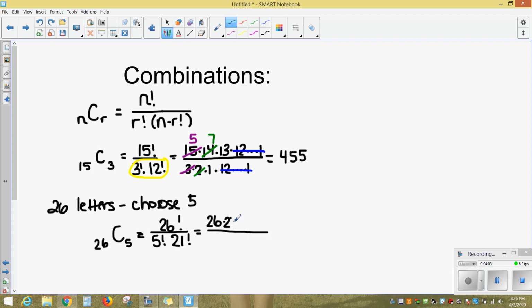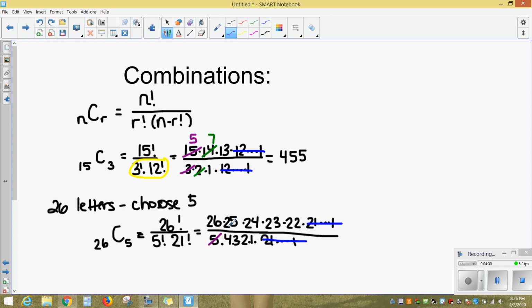We're going to have 26 times 25 times 24 times 23 times 22, and once we get to 21, we know the rest of those are going to go away. 21, 21.